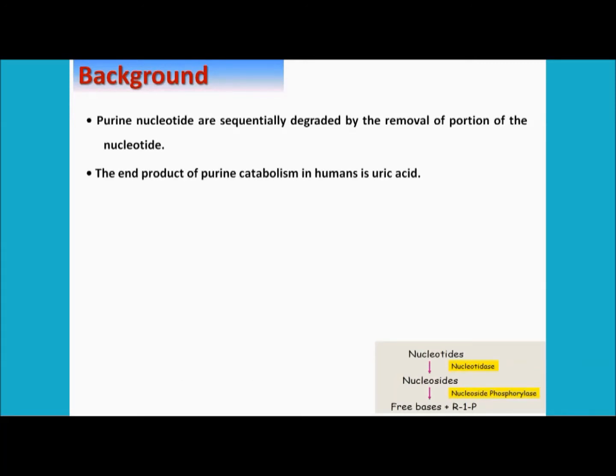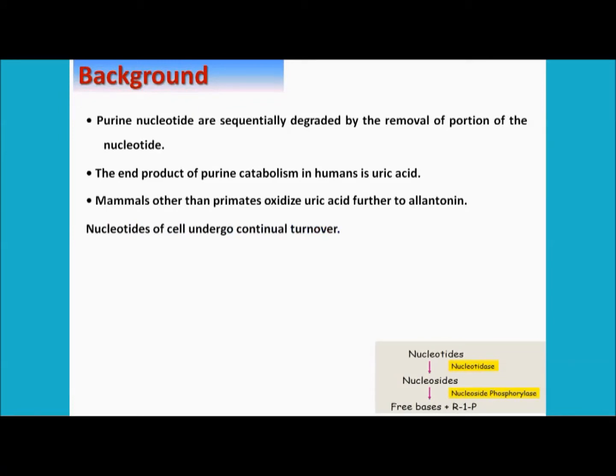Moreover, the end product of purine metabolism or catabolism is always uric acid. Mammals other than the primates oxidize this uric acid into allantoin. That is a further step.